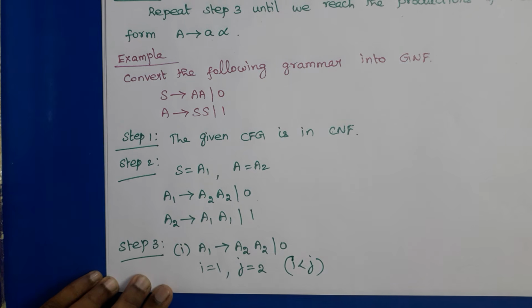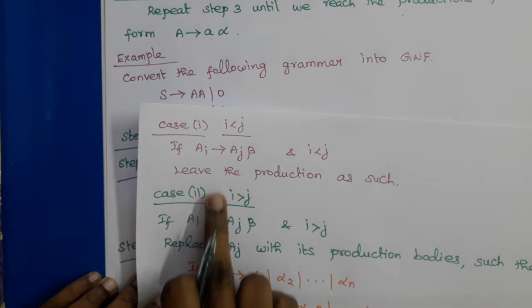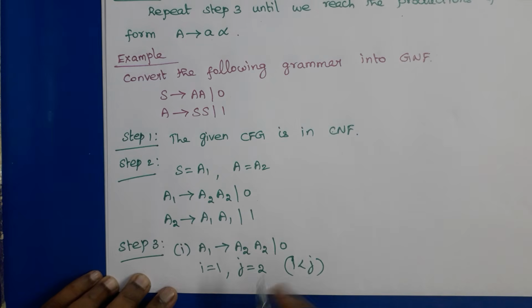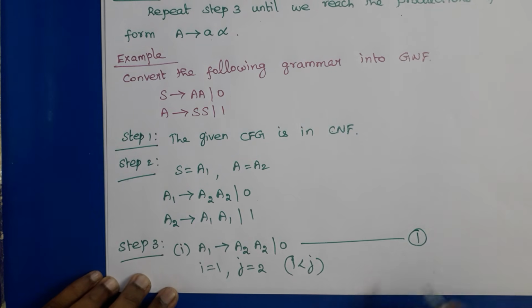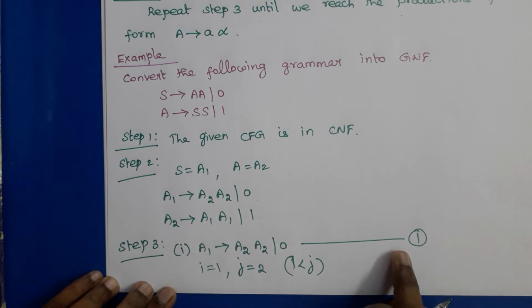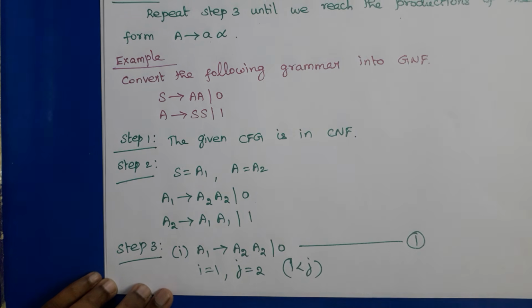So i is less than j means we have to leave the production as such. Okay, so consider this production as equation number 1, but it is not in the GNF format. So we need to convert this into GNF format after getting A2. So just for time being we are leaving the production as such. So this is equation number 1.